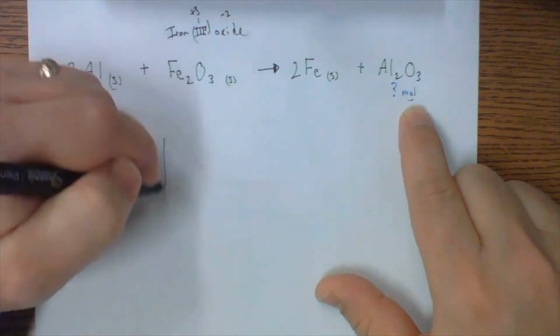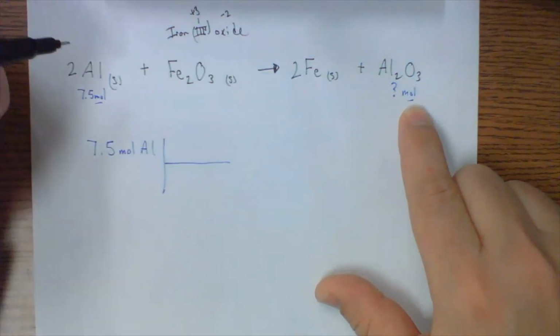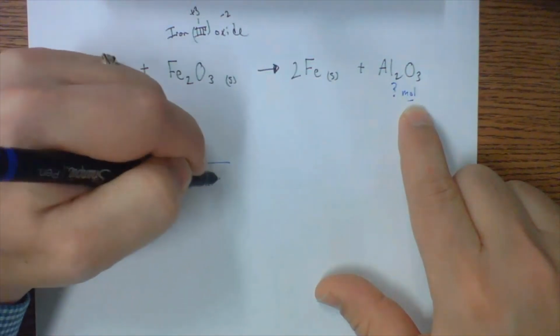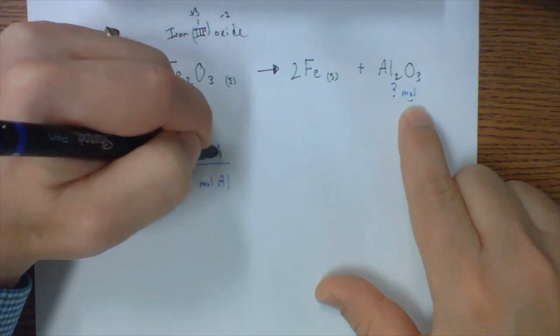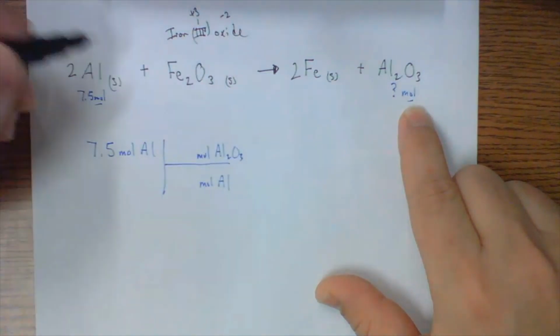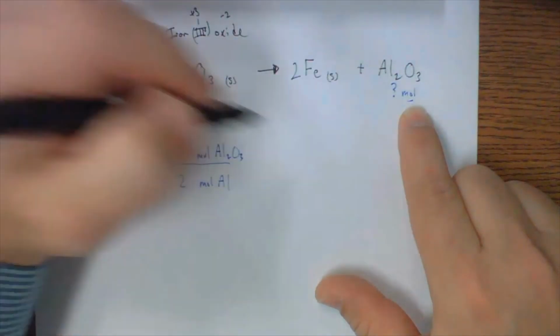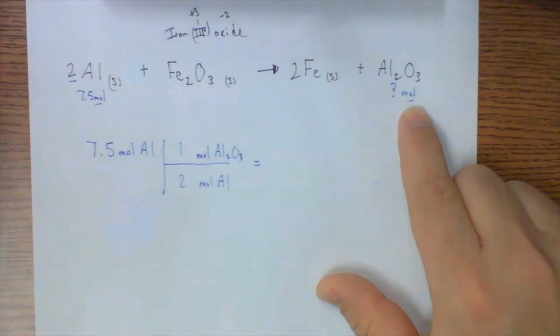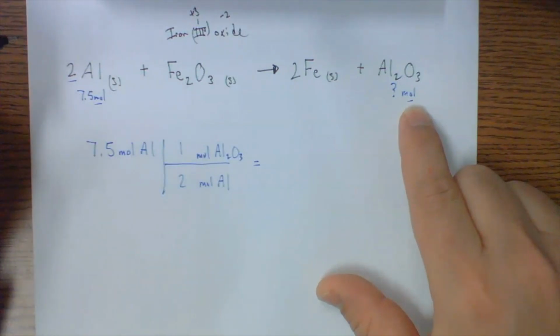So I'm going to go back here, set up my dimensional analysis problem. I'm going to put moles of aluminum on the bottom. I'm going to put moles of aluminum oxide on the top, and for every 2 of these I will produce 1 of those. So now I'm set up, so all I have to do is take my 7.5 divided by 2.